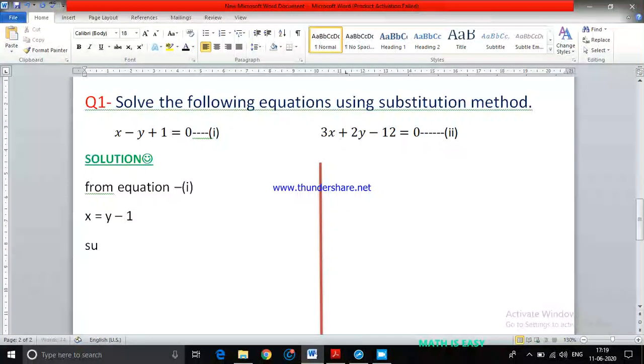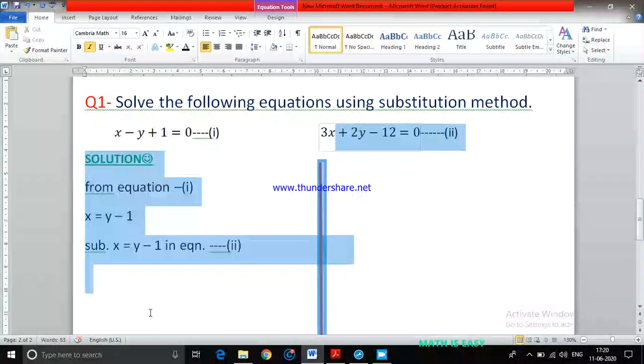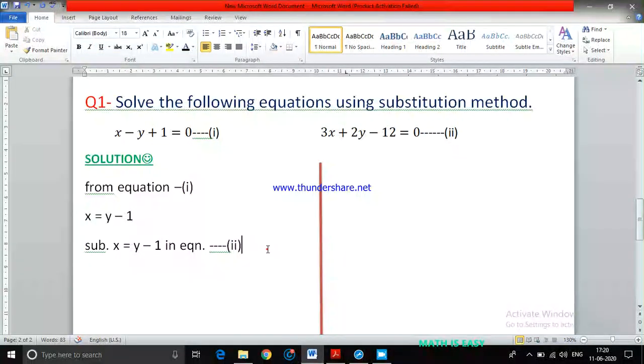Now what you do is substitute x equals y minus 1 in equation 2. So this x value I am substituting in equation number 2. Wherever x is there, x will be replaced with y minus 1.